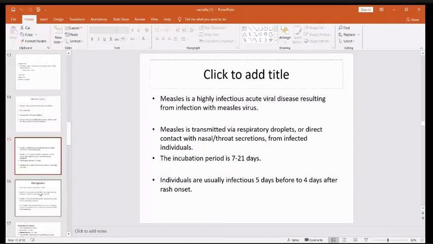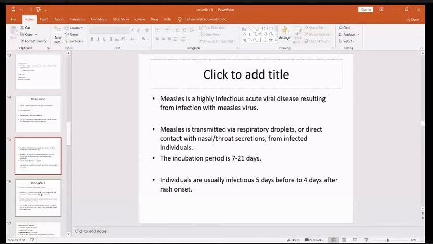Regarding the pathogenesis of the disease, transmission is through the respiratory droplets. Similarly to the varicella infection, after infected respiratory droplets are inhaled, they replicate in the respiratory epithelium and in the regional lymph nodes, and primary viremia occurs.